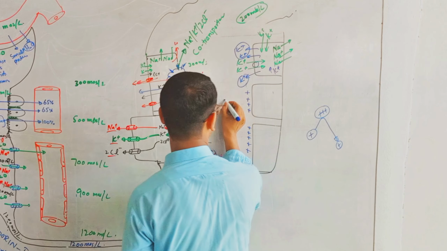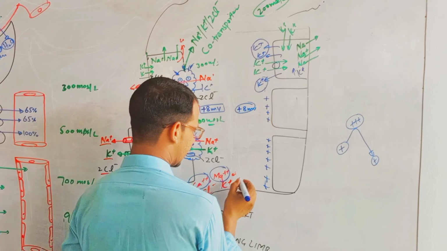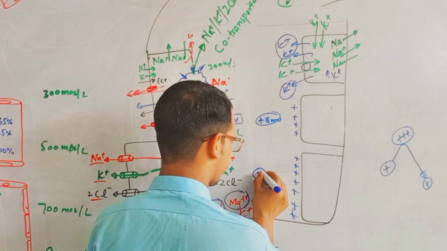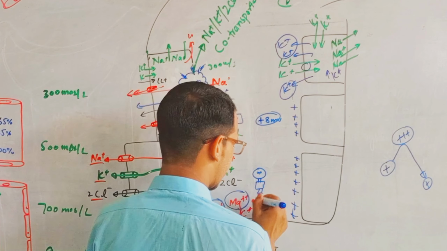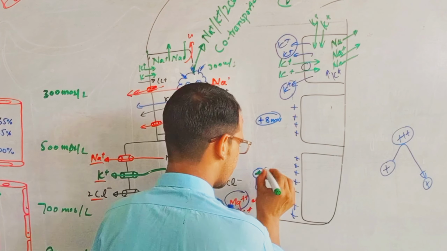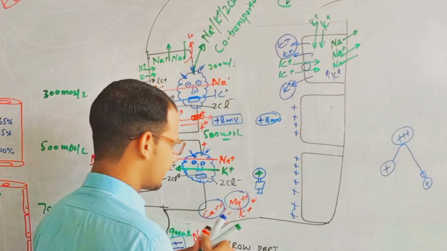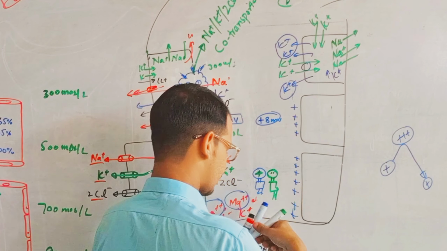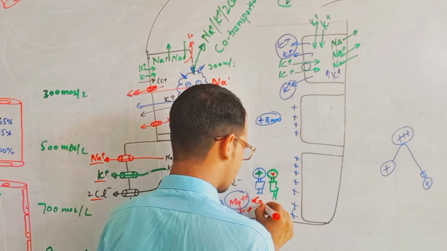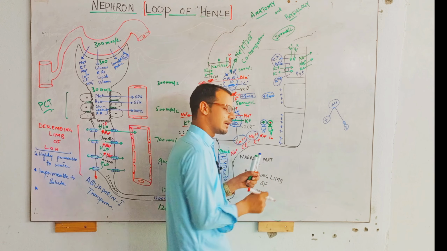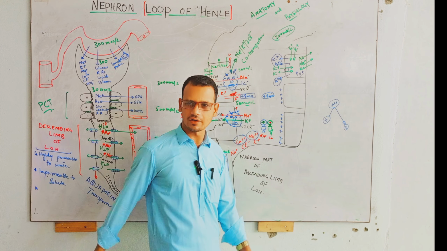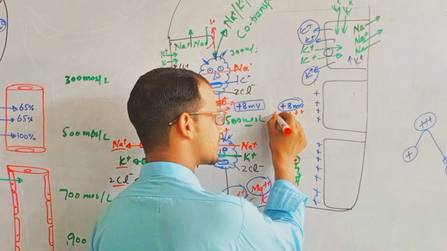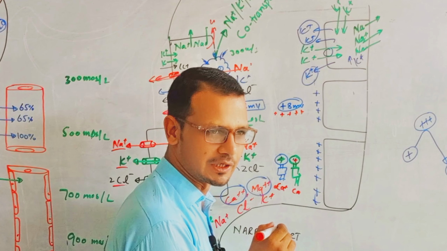Here the charge is plus 8 millivolts, and this is the calcium, and calcium is positively charged. We have magnesium, and magnesium is also positively charged. When they are coming, they are happily coming in this hypertonic solution, but when they reach here, the charges are positive, which is plus 8 millivolts.